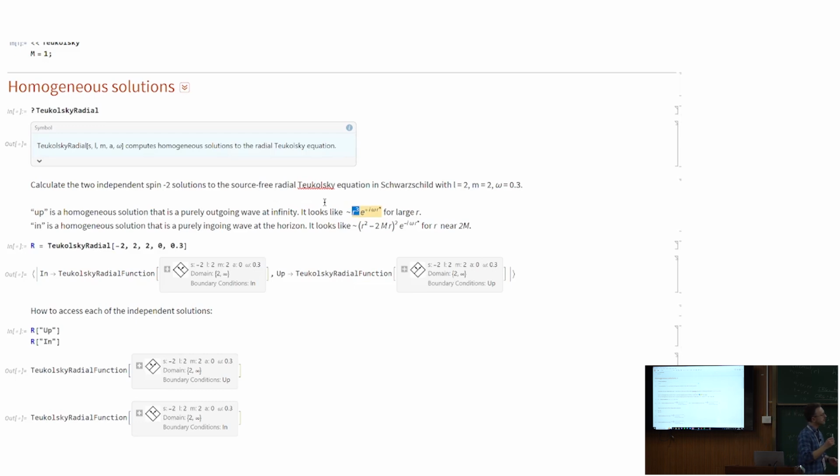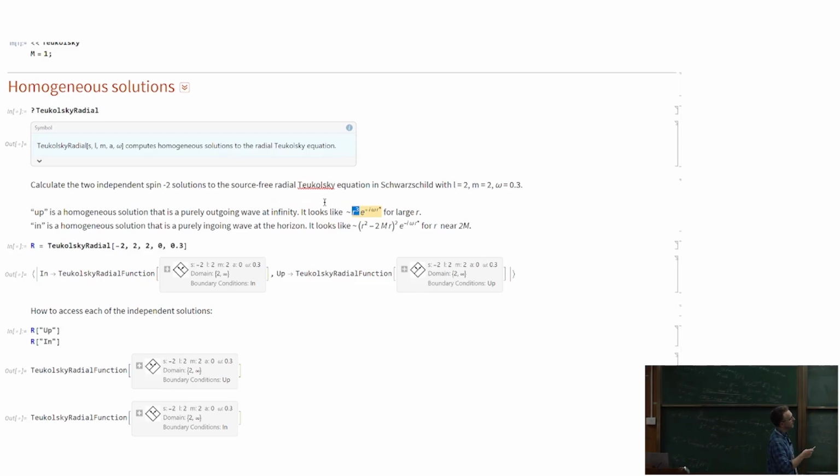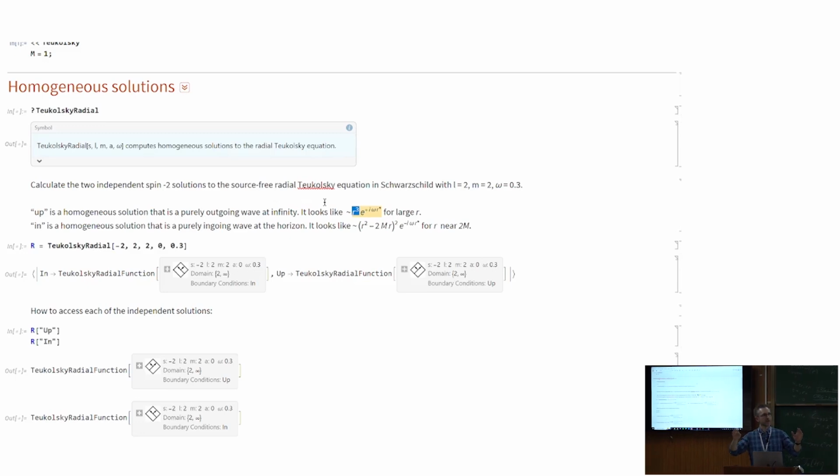You remember in the separability ansatz, I introduced that seemingly random factor of 1 over (r minus ia cos theta) to the power 4. That r to the 4 is what is giving me this silly r cubed. So the radial homogeneous solution, by convention, blows up like r cubed at large r, but the actual physical psi 4 is 1 over r to the 4 times this, so it's falling off like 1 over r.